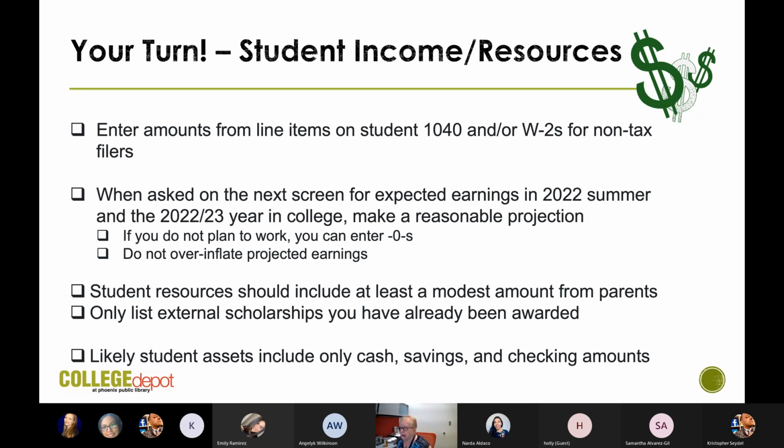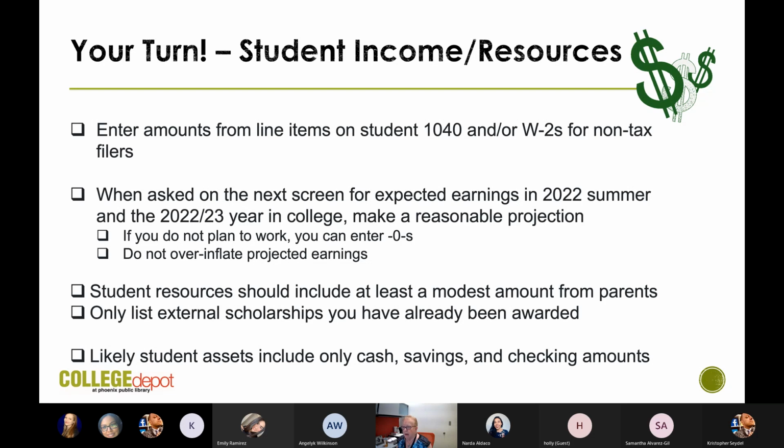If you are entering anything in box 2 here, scholarships or grants that you've received, do not hope here. Only list the amount if you already have it in your hand or know it's coming. So nothing you've applied for if you haven't received it yet, okay?